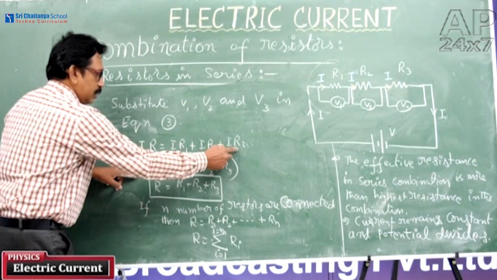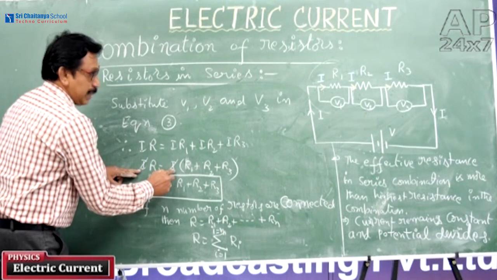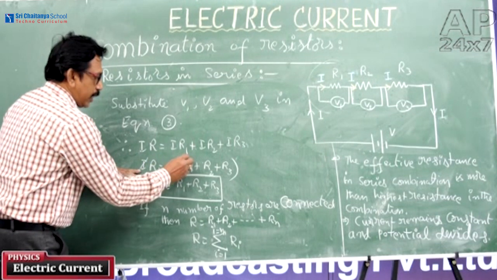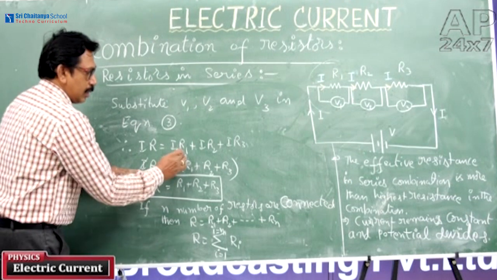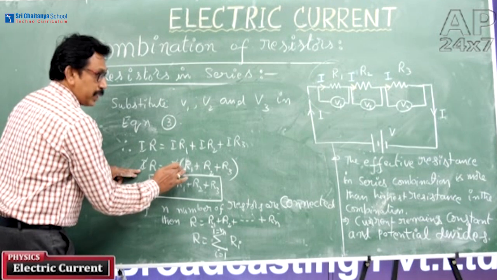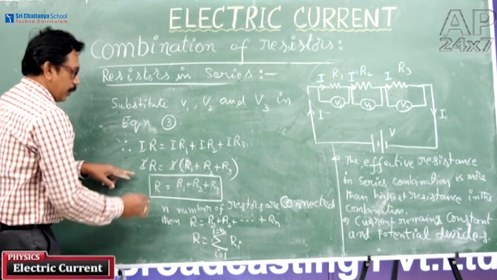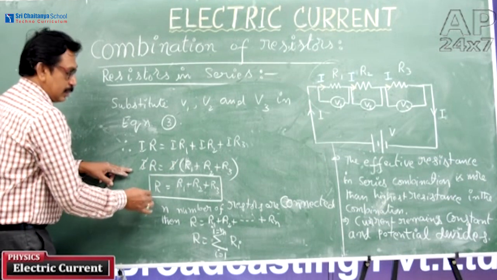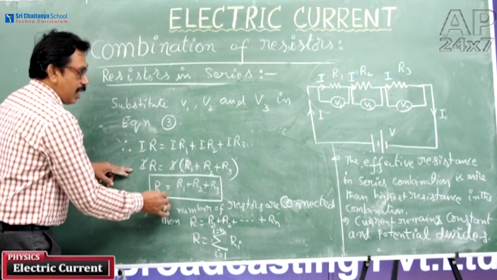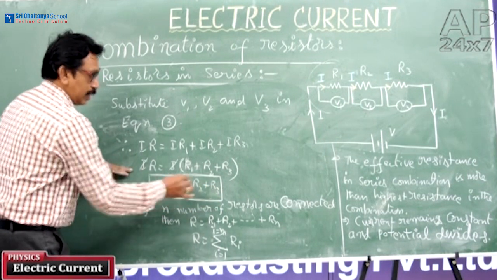Now in this equation I am taking I as common. So I took I outside and whatever remaining I am writing: I into, in brackets, R1 plus R2 plus R3. I gets cancelled. Then the effective resistance R is equal to R1 plus R2 plus R3.